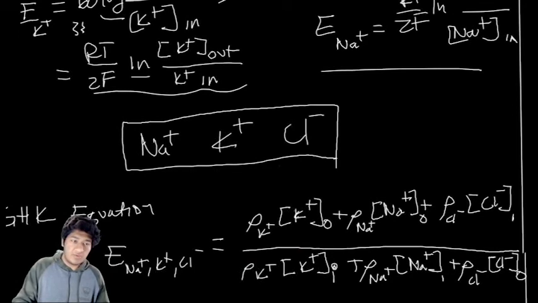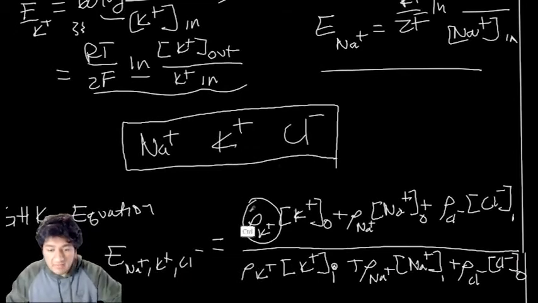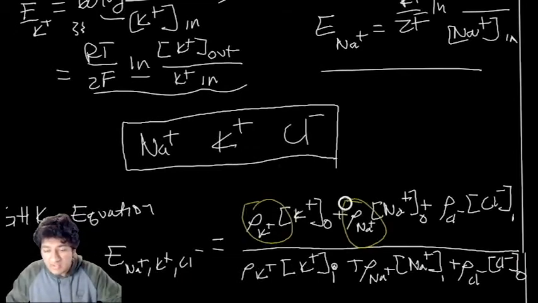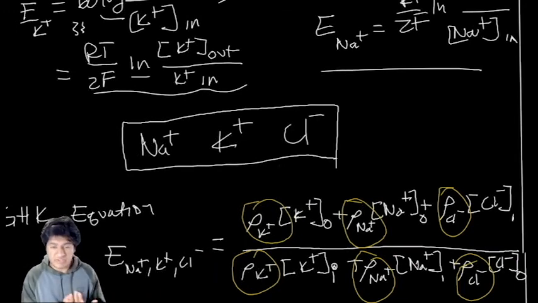So let's note some of the differences here. Mainly, what's the new thing? It's these permeability constants, which make a real difference now. They show how permeable the membrane is to each of these ions, because obviously some ions are bigger and some are more charged, so there's a different permeability for each of them.